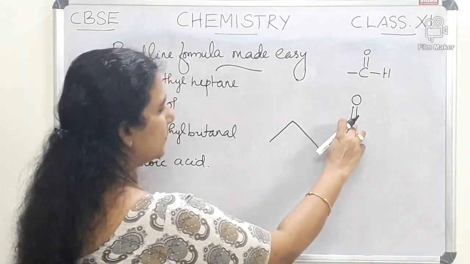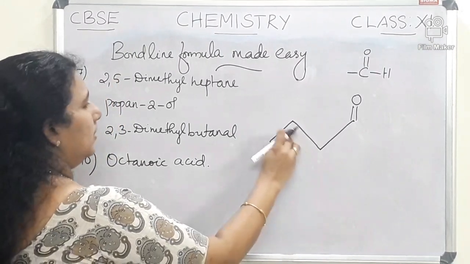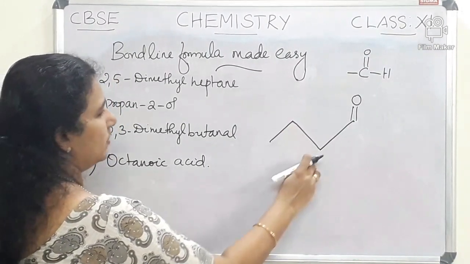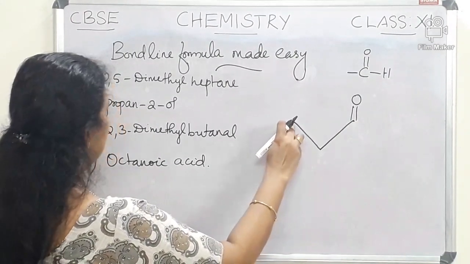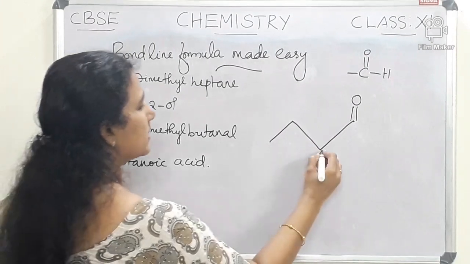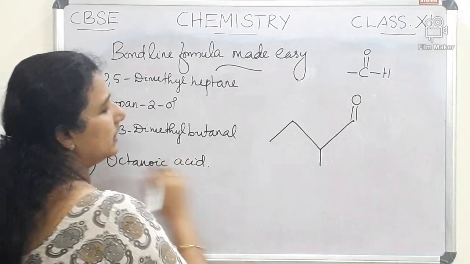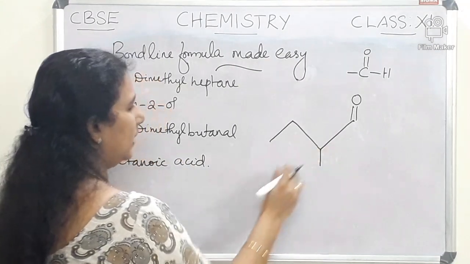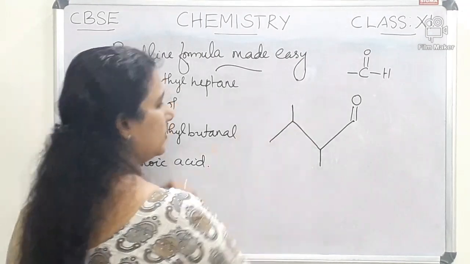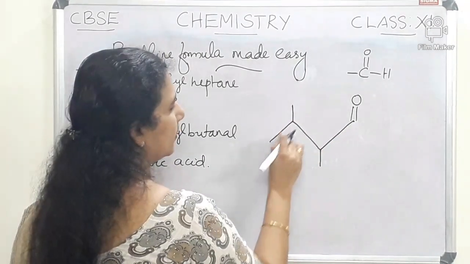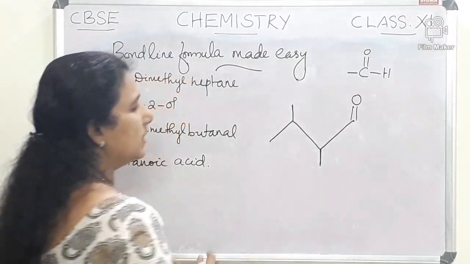So this is the first position, then second position, then third position. So second position is this. There is a substituent, that is methyl. So here there is a methyl group. So this is the second position and this is the third position. Here also there is a methyl group.